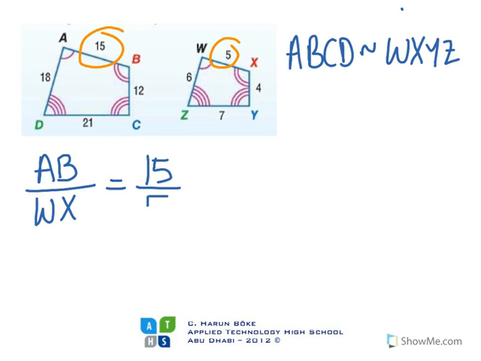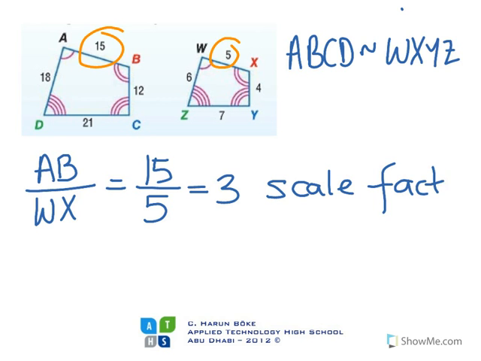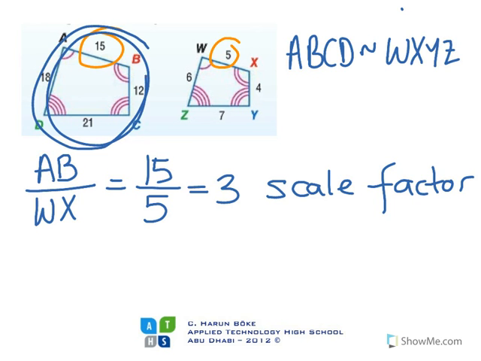So it will be 15 over 5, which gives us the scale factor of 3. This is the scale factor, which means the quadrilateral ABCD is 3 times larger than the quadrilateral WXYZ. Let's see another example.